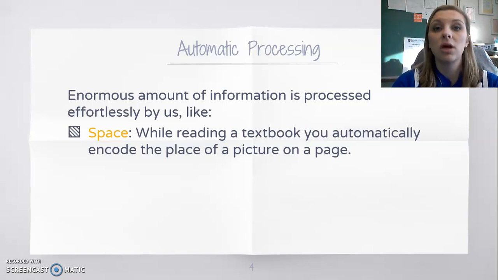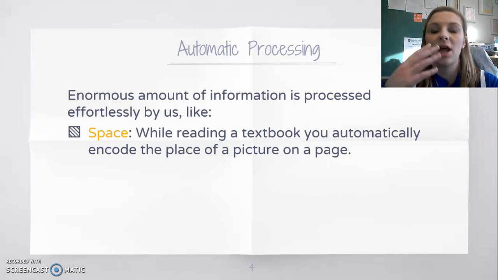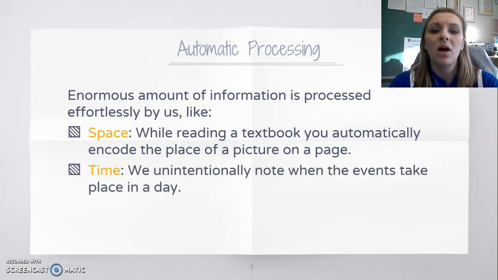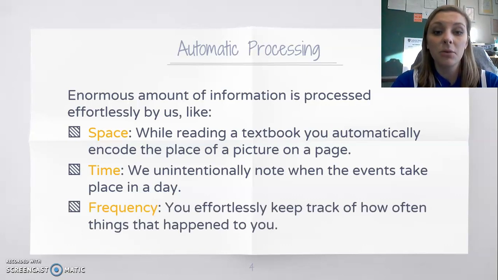You can think back without physically telling yourself, oh, that picture is in the top left corner. We can go back and remember where it was. We also remember time. We unintentionally note when events take place throughout the day and what sequence they happen in. And then the frequency. We don't really need to keep track of how often things happen to us.